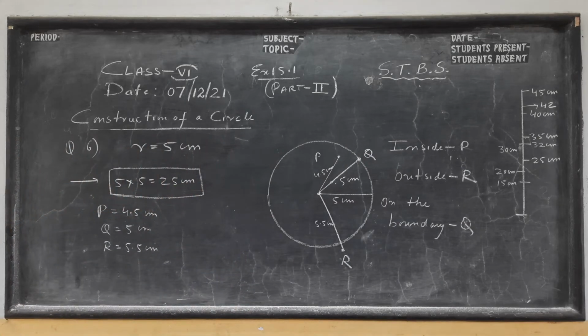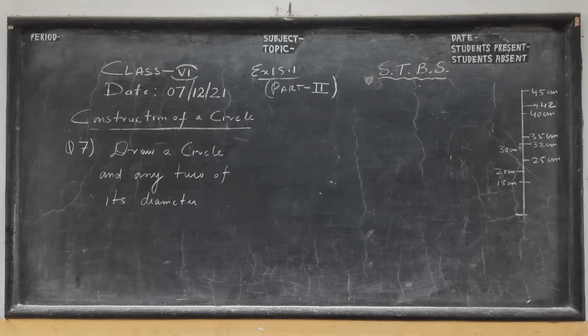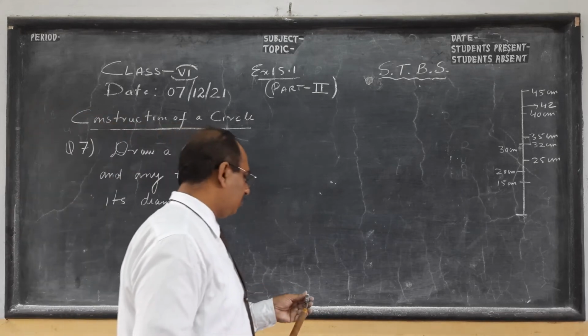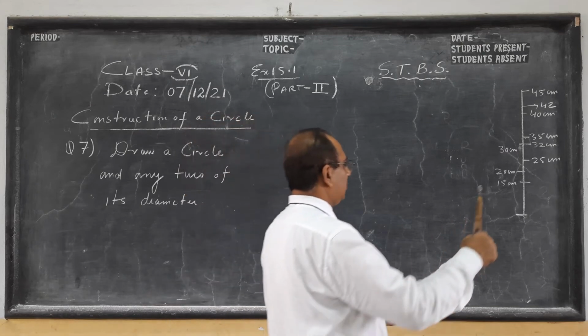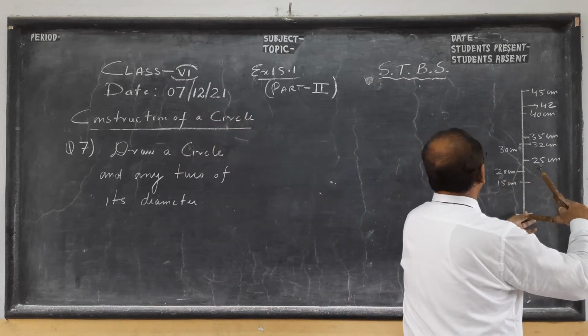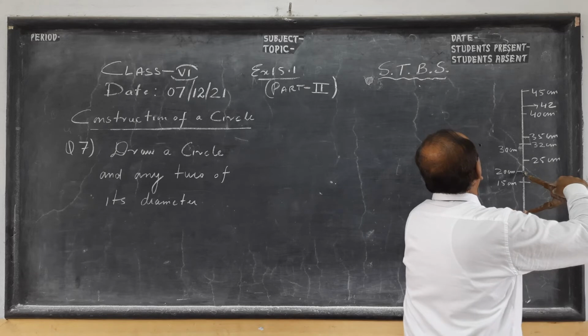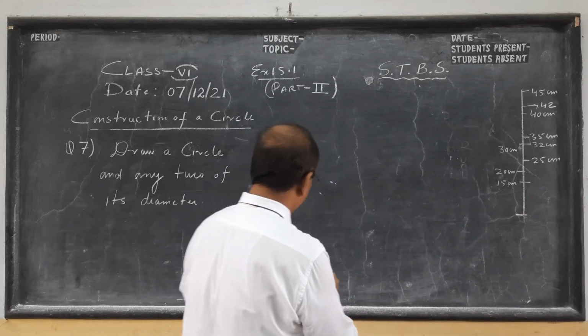Then we move on to the last question, number 7. We move to the last question of this part 2 of the video, where we have to draw a circle. So any circle with any radius which you are comfortable with. So here if I see 20 centimeter, I hope I can draw a circle.